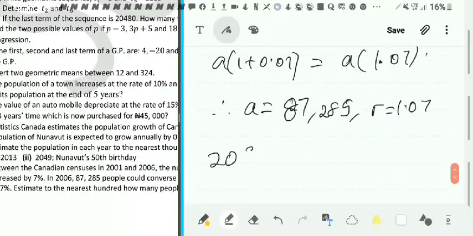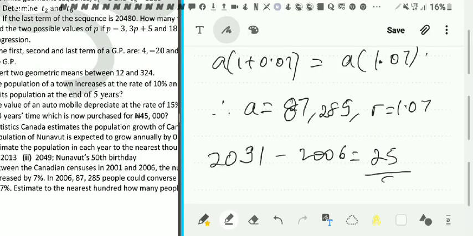So over the period of how many years are we working? We want to project from the end of 2006 to 2031. That's 25 years. And if it is going over a 5-year interval, divide by 5. So that means we want to project for 5 terms.